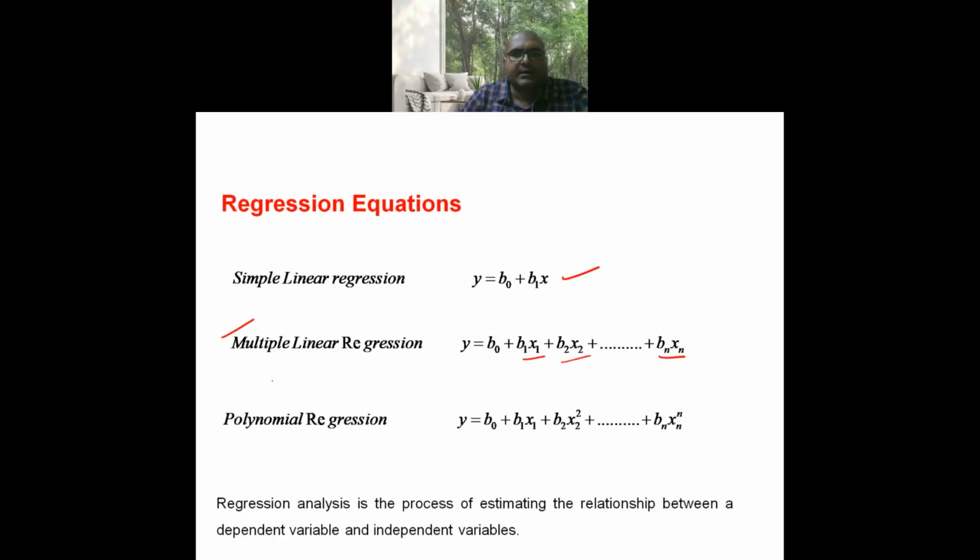Polynomial regression: y is equal to b naught plus b1 x1 plus b2 x2 square and so on up to bn x power n. Once again, I repeat, regression analysis is the process of estimating the relationship between a dependent variable and independent variables.